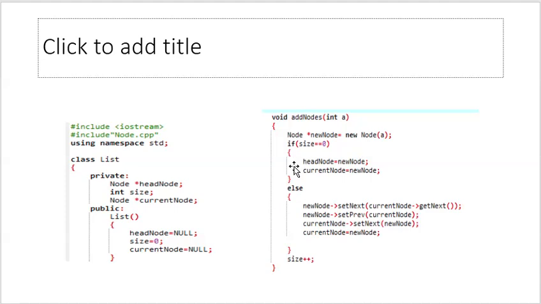If the size is equal to 0, the head node is equal to new node, and the current node is equal to new node. Meaning if the size is equal to 0, the head node will be assigned the new node and the current node will be assigned the new node.